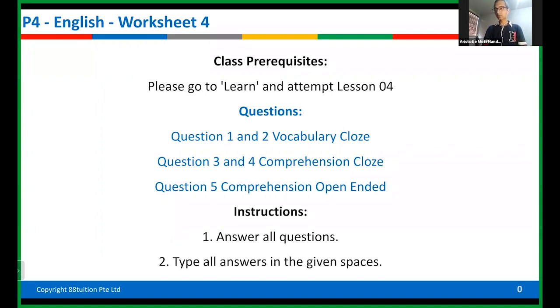So we've got vocabulary cloze, comprehension cloze, and then comprehension open-ended, which are all important sections in the exams, especially the PSLE. Okay, so the whole idea is we're going to learn how to attempt these questions.